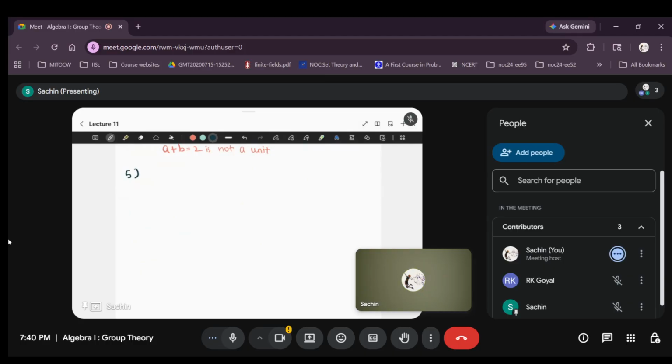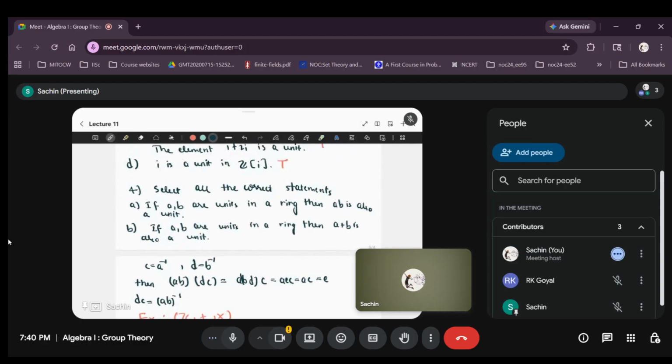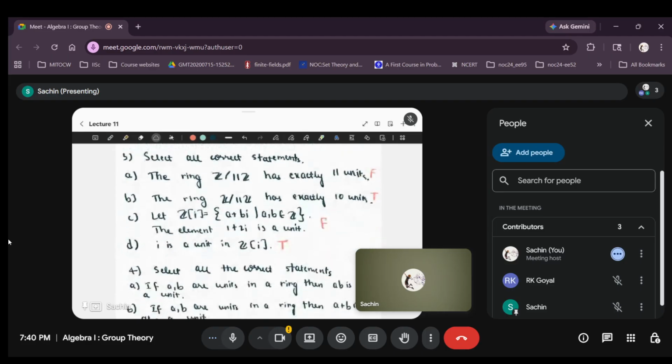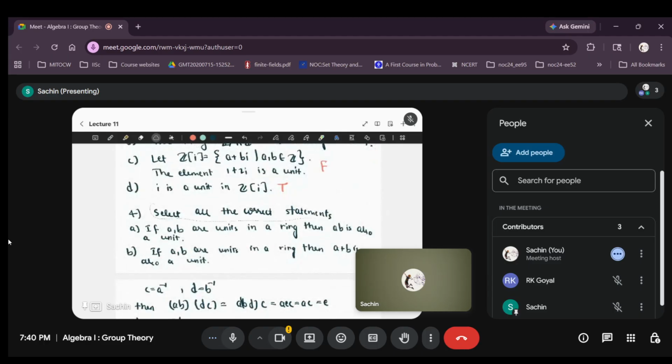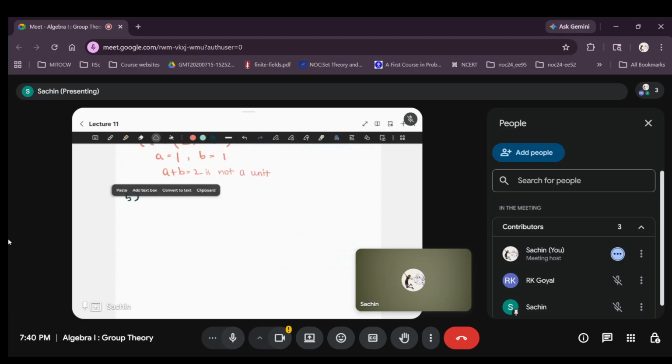Then next question. Select all the correct statements. Statement A is, let R be the ring Z mod 4Z.